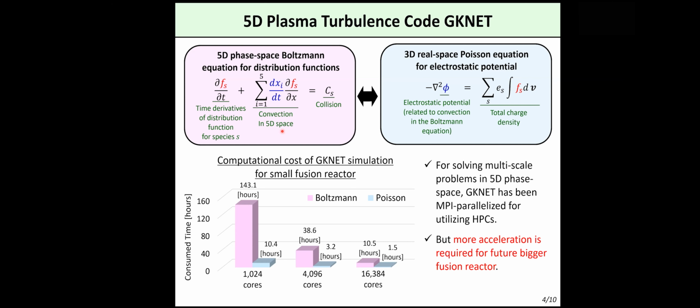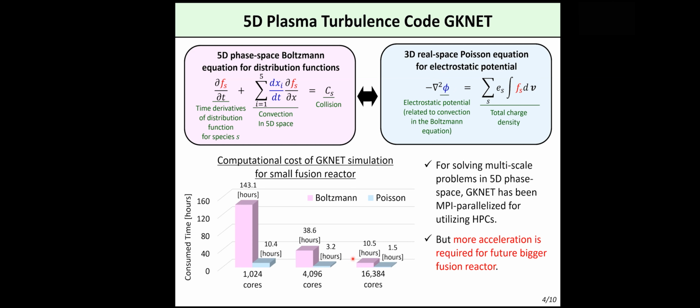GKNET solves the hyperbolic type 5-dimensional Boltzmann equation and elliptic type 3-dimensional Poisson equations. They are coupled through the distribution functions and obtain electrostatic potential with each other.